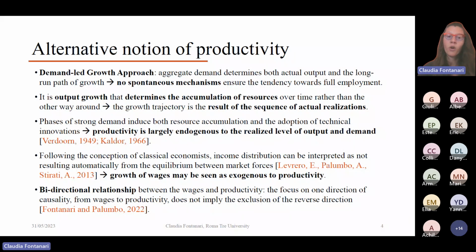In this sense, the growth of wages may be seen as at least partly exogenous to the growth of productivity. The relation between productivity and wages is bidirectional.